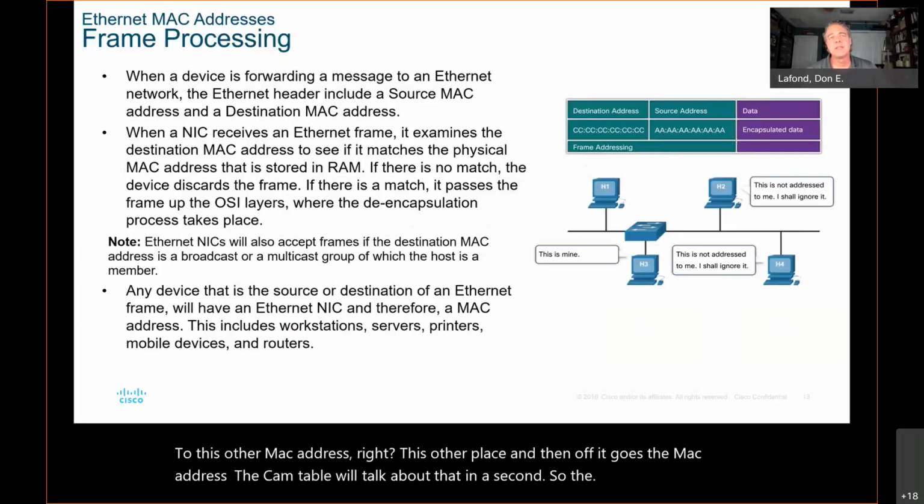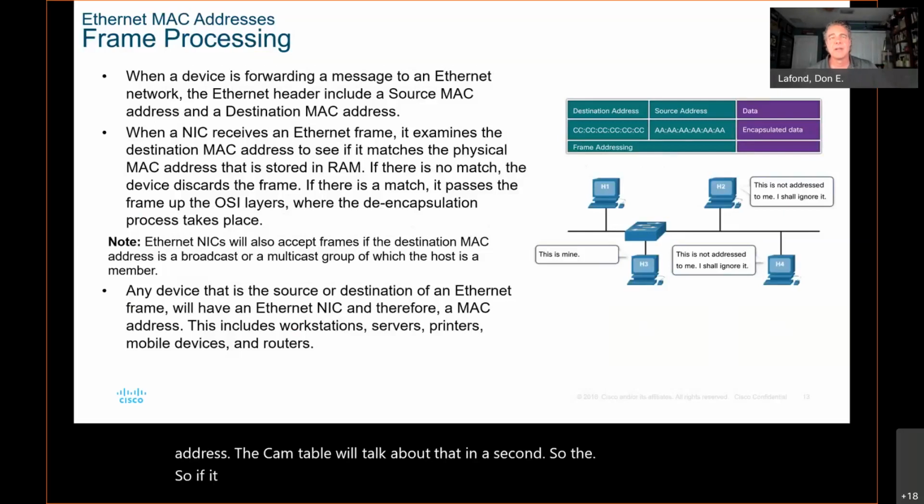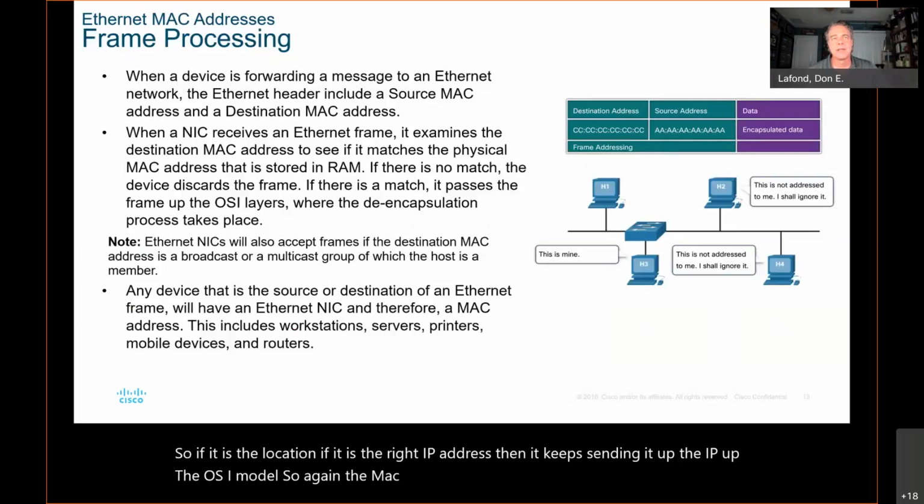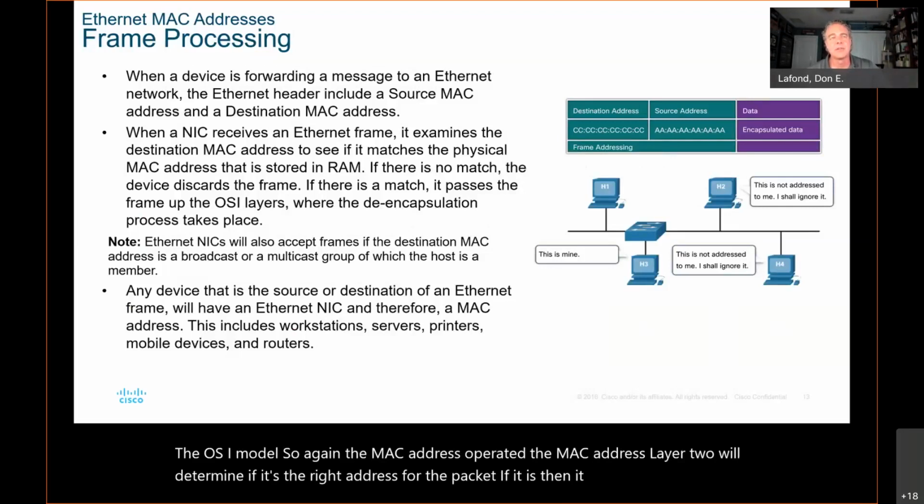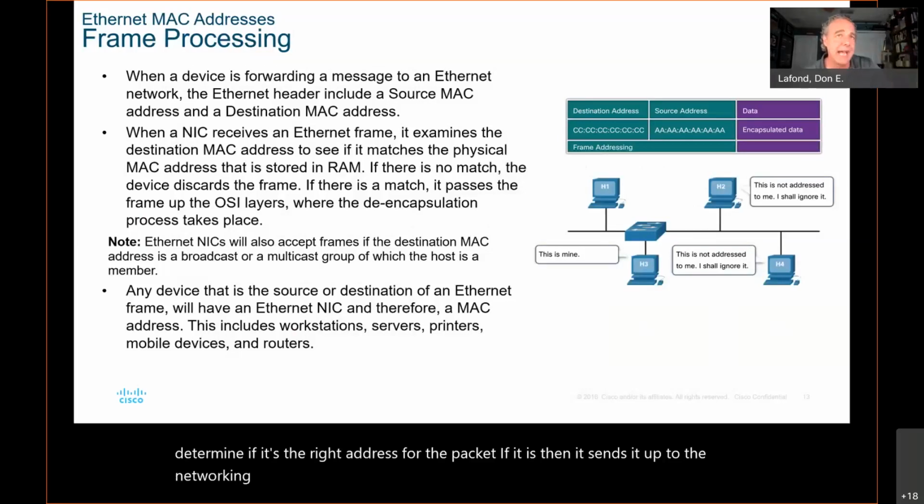So if it is the right IP address, then it keeps sending it up the OSI model. Again, the MAC address at layer 2 will determine if it's the right address for the packet. If it is, then it sends it up to the network layer, which determines if it's the right IP address.